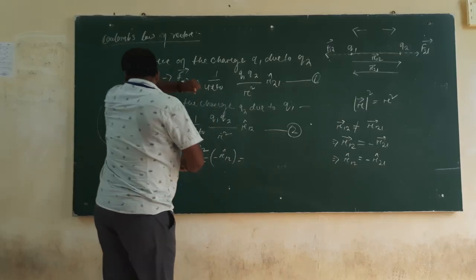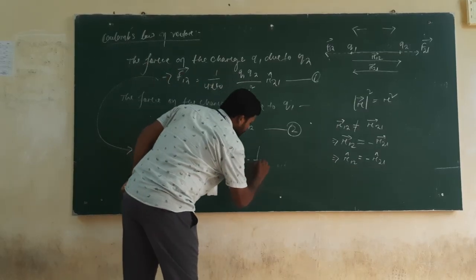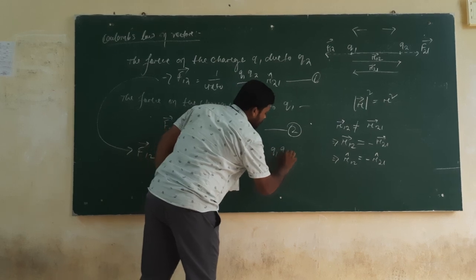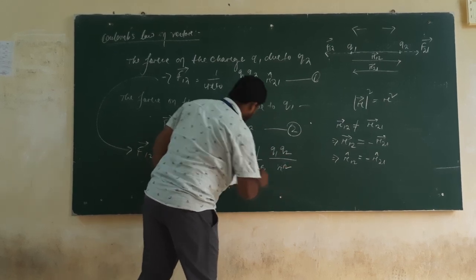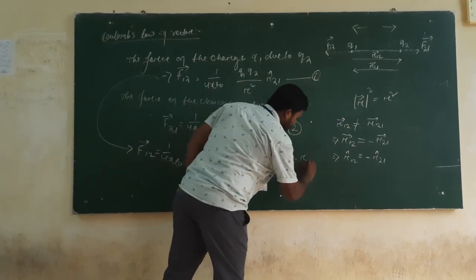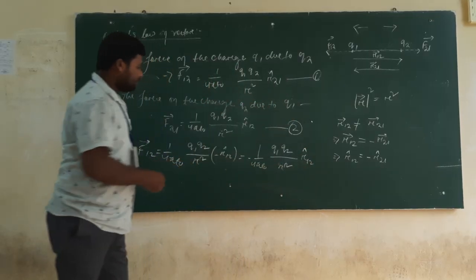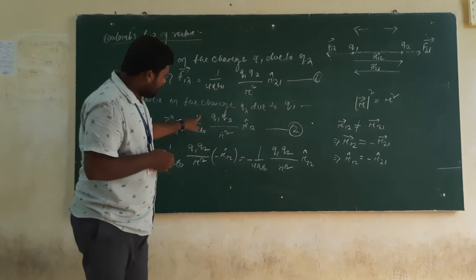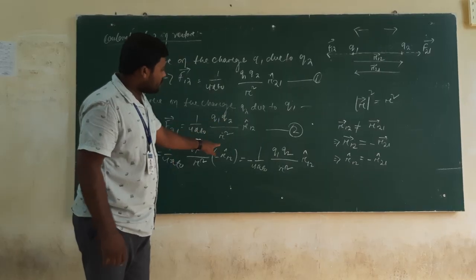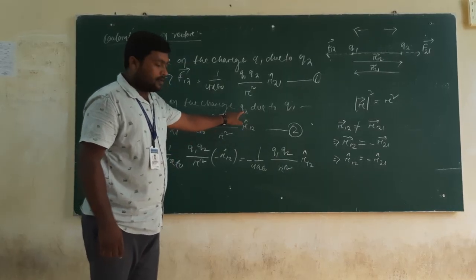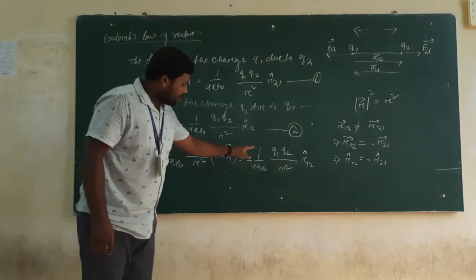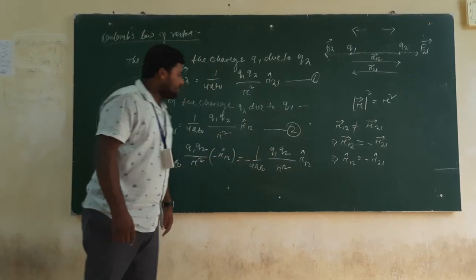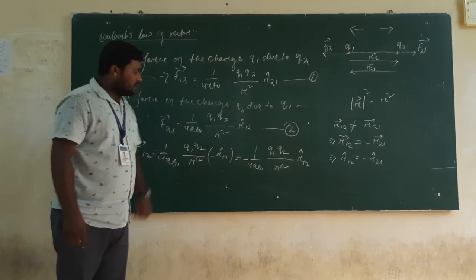That is equal to minus 1 by 4 pi epsilon naught Q1 Q2 by R square R12 cap. And you can see 1 by 4 pi epsilon naught Q1 Q2 by R square R12 cap here, and minus 1 by 4 pi epsilon naught Q1 Q2 by R square R12 cap there. So they are the same in magnitude but opposite in direction.